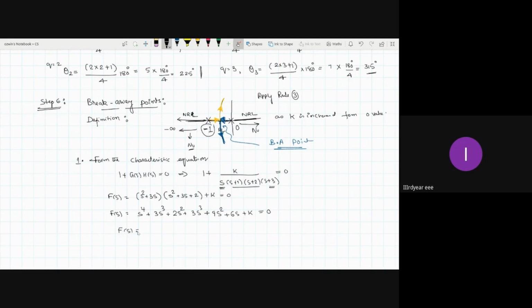Or the characteristic equation F(s) is equal to s to the power 4 plus 3s cube plus 3s cube is 6s cube, plus 2 plus 9 is 11s square, plus 6s plus K is equal to 0. So this is our characteristic equation.